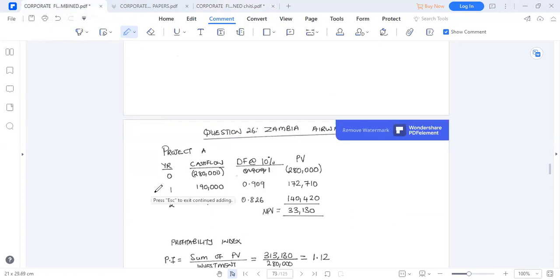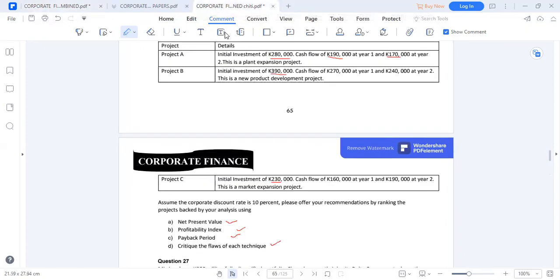So the initial for project A, we usually put it at year 0 because that is your initial cash outflow, ICO. So our discount factor, we've been given the percentages to work with. We're told the discount rate is 10%. So you go on the table, 10% under the present values. You know how to use the tables, isn't it?